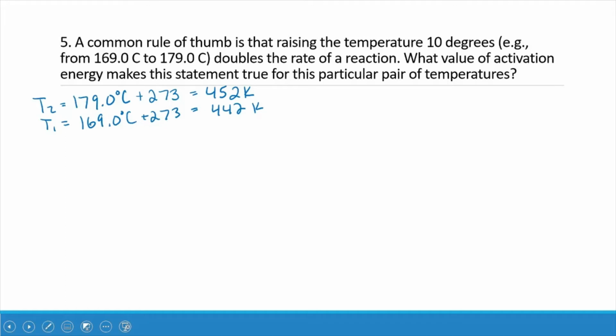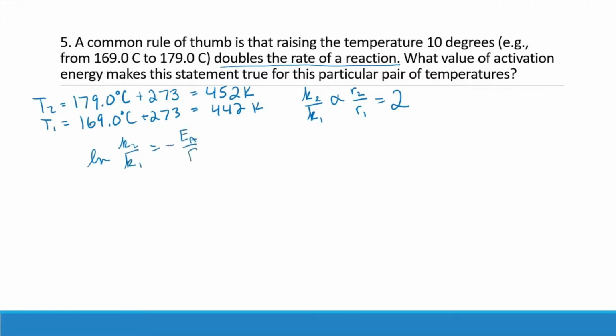And then we also see that we're doubling the rate of the reaction. So that tells me that the ratio of k2 to k1, since each one of those is directly proportional to our rates, so since we're doubling the rates, we're doubling the ks. So then we know that the natural log of k2 over k1 is equal to negative Ea over R times 1 over T2 minus 1 over T1.